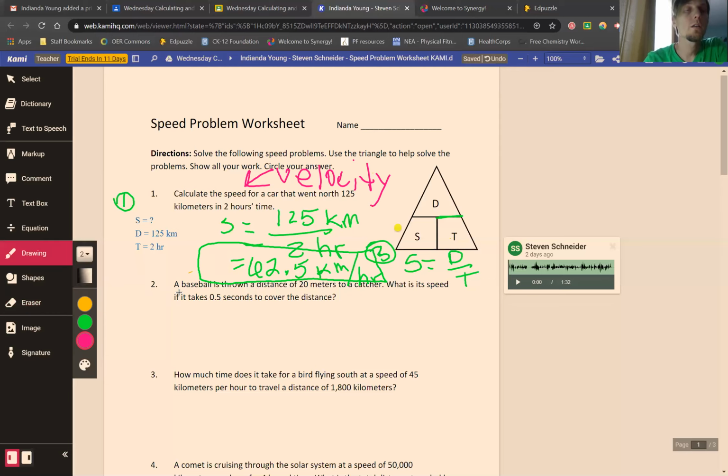We would say velocity equals 62.5 kilometers per hour, and we would add north. So remember direction. Remember the difference between speed and velocity: this entails direction. Since it said it went north, we can say velocity is 62.5 kilometers per hour north.